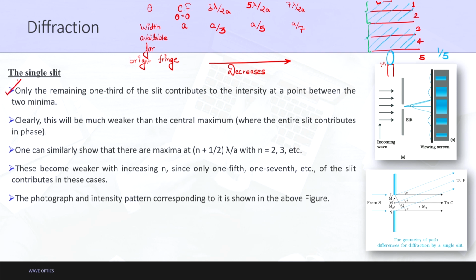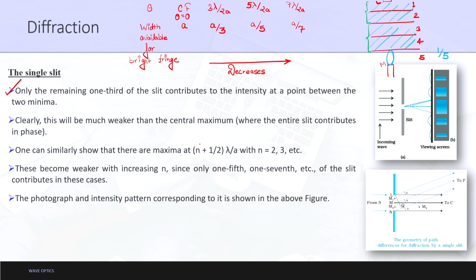Quite evident. These are the two minima, and between these is the bright intensity fringe which is occurring. Clearly this will be much weaker than the central maximum, because in the first case full width A is occurring, and in another case just after it only A by 3 is occurring. Therefore the intensity is much lower in this case.